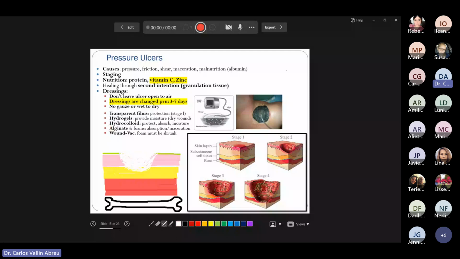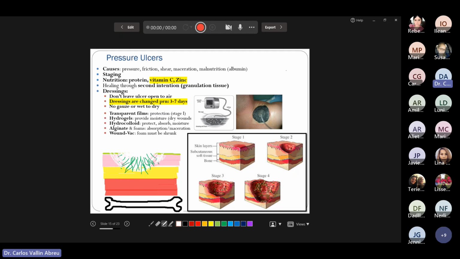Some wounds produce a lot of secretion, because the ulcer is deeper, because there is more inflammation. This liquid produces maceration of the surrounding still alive tissues and makes the ulcer bigger.